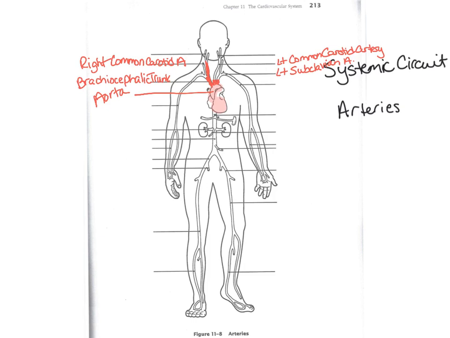And so that's going to go up and feed the brain. Then we have another branch that's going down into the arm. And so first, as it starts to go down into the arm, we call that the right subclavian artery. And I also don't see a line there, so that is the right subclavian.